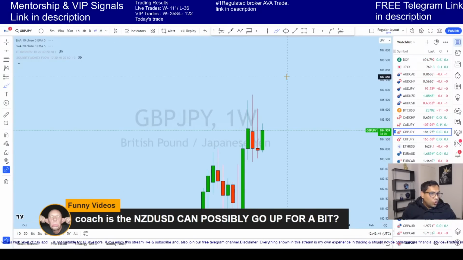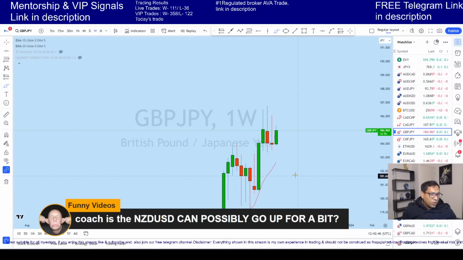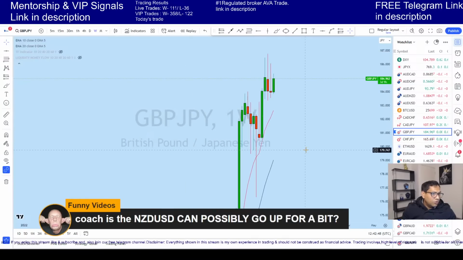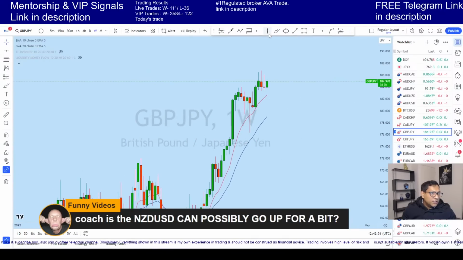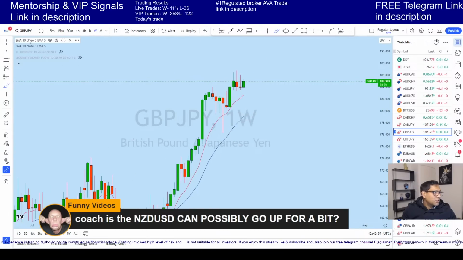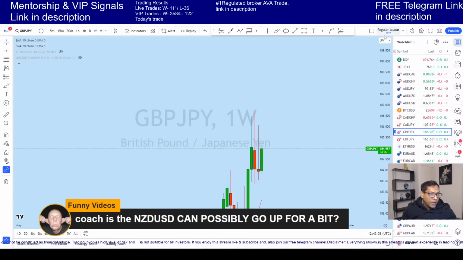And if we look at the weekly time frame, we can see that from the weekly perspective here on GBP JPY, this is a very strong bullish momentum on GJ, followed by a correction, and we have seen it is in another impulsive phase on GBP JPY.